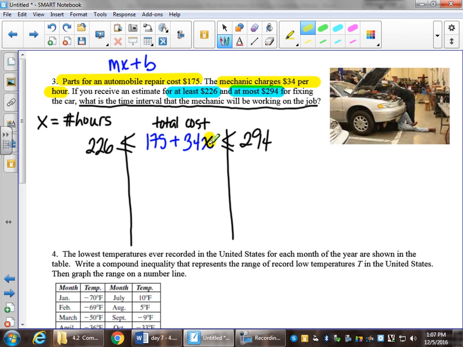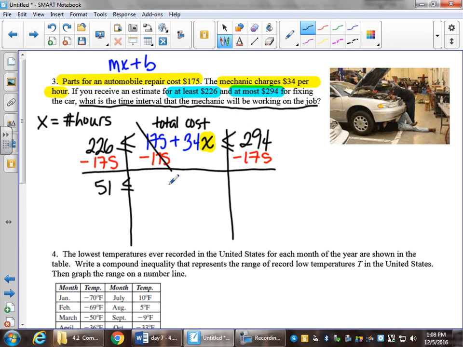My focus is still on X. If there's something on the inside I could add or subtract, I want to do that first. I see that I can subtract 175. If I subtract 175 from here, I have to subtract it from everywhere. $226 minus 175, I got 51, less than or equal to 34x, less than or equal to 119.